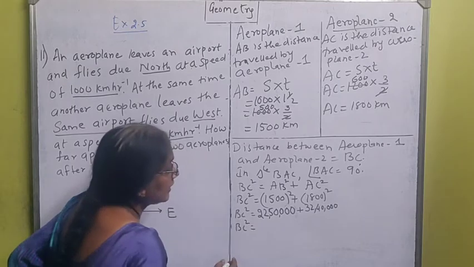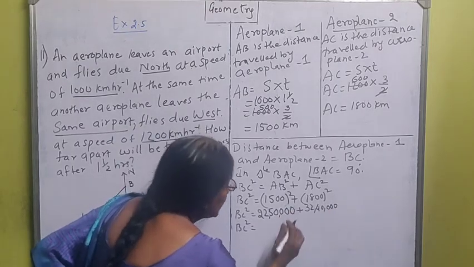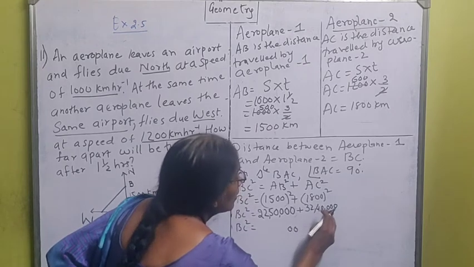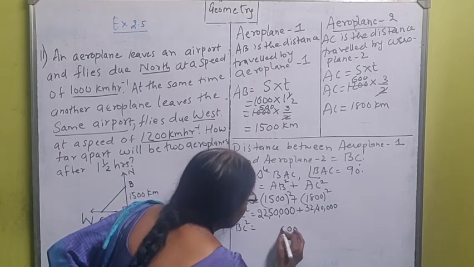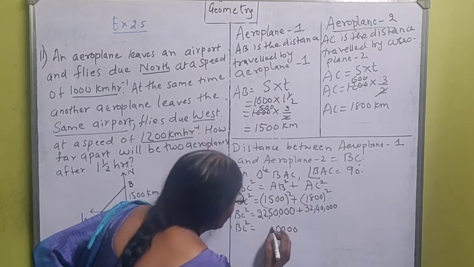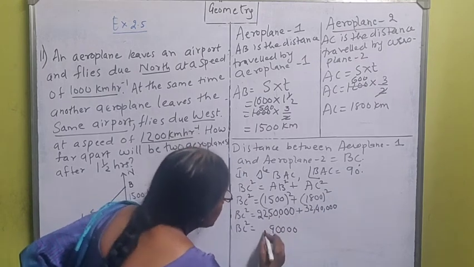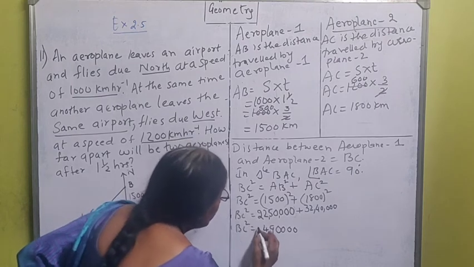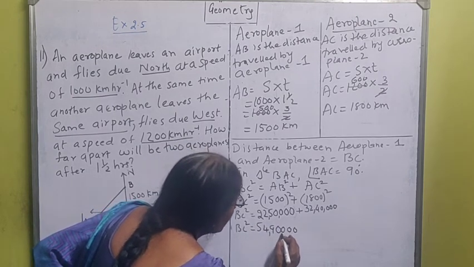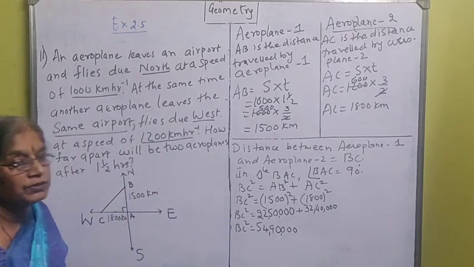BC square is equal to: 0 plus 0 is 0, 5 plus 4 is 9, 2 plus 2 is 4, 3 plus 2 is 5. So here I got 54 lakhs 90,000.